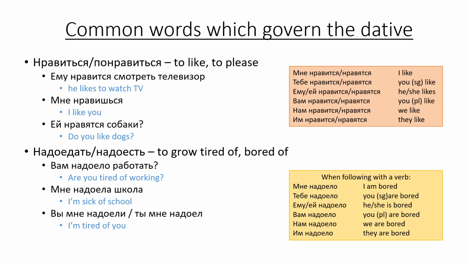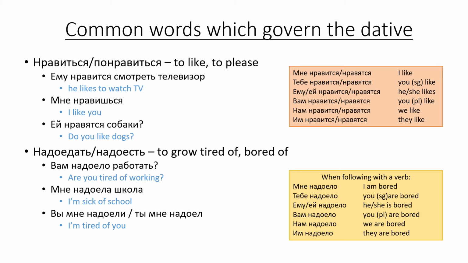So let's look at our example sentences. Вам надоело работать. Did it bore you to work? Meaning, are you tired of working? Мне надоела школа. The school became boring to me. I'm sick of school. And remember, надоела needs to be feminine because the thing that is boring you is школа, which is feminine.